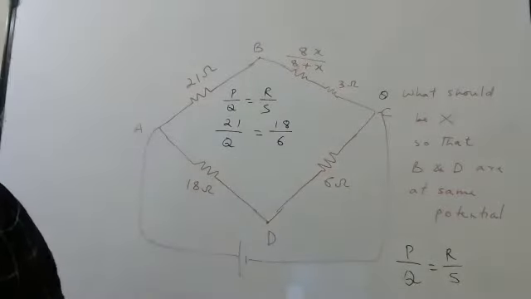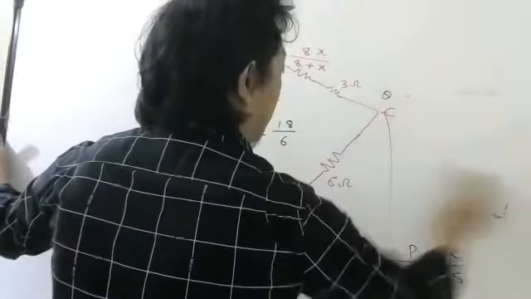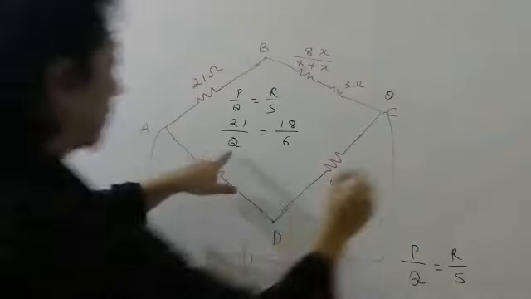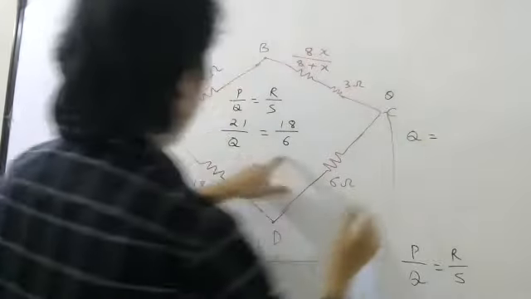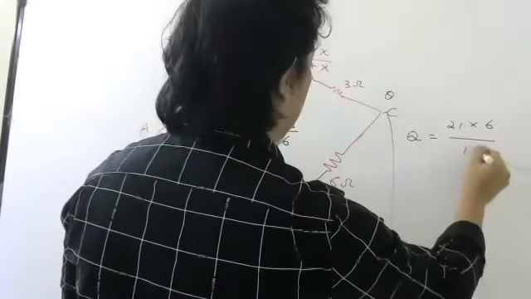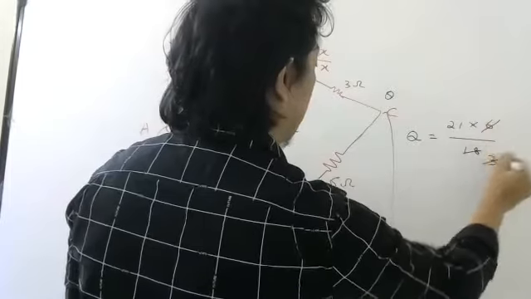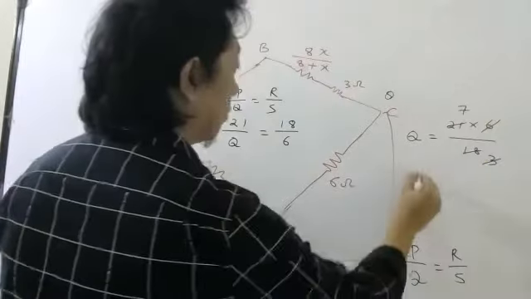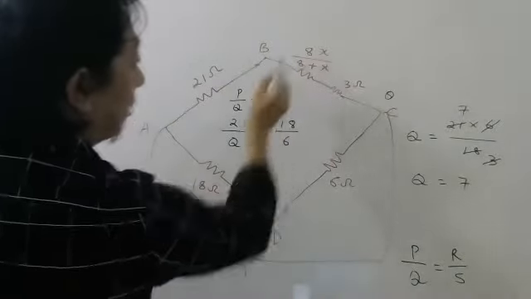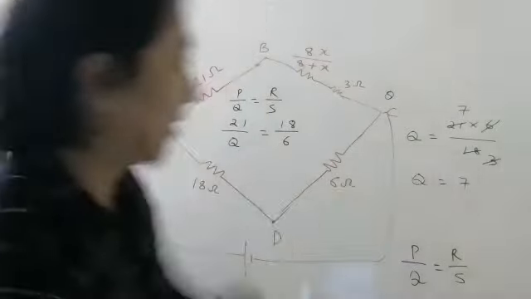So from here, Q will be equal to, cross multiply, 21 into 6 by 18. 6 3s are 18, 3 7s are 21. So Q should be 7. This branch should have resistance 7.